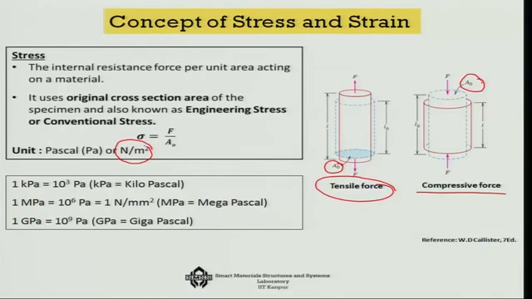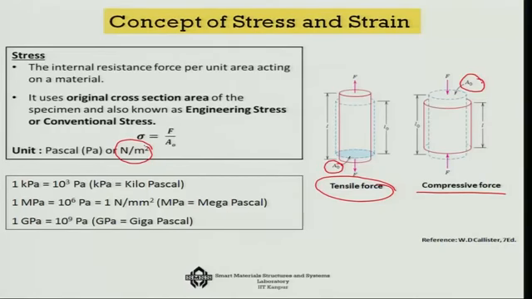So, next time you deform a chocolate, you may know that you are doing it at something like 100 Pascal level. If you are doing it with a rubber, it is at the megapascal level, and if you are doing it with any metal, it is definitely beyond several gigapascal. So, you cannot do it manually, you need a machine to apply the force.